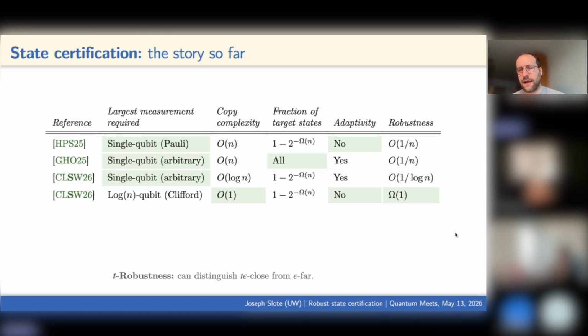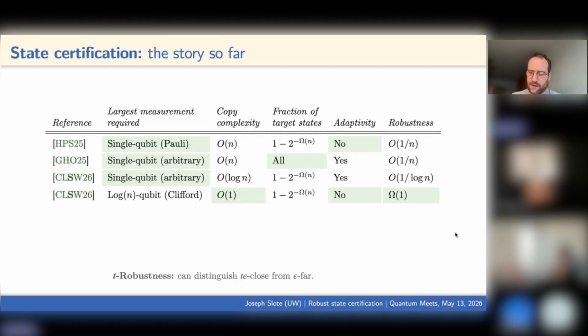But they both have deficiencies. There are some logs floating around, which can be problematic. Let me also mention that it's impossible to get all 5 columns green at the same time because of this result of GHO, that if you get it for all states, you cannot be adaptive. But it stands to reason that you can get all the other columns green simultaneously.